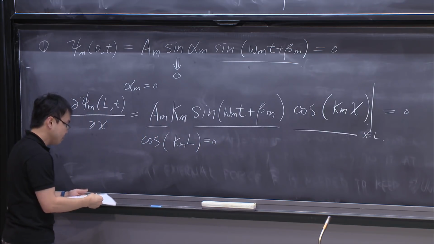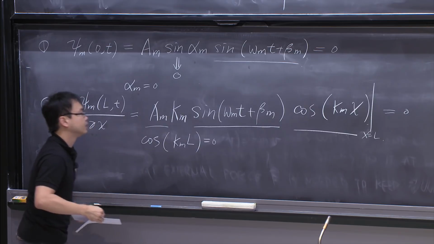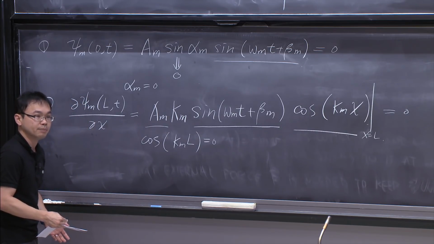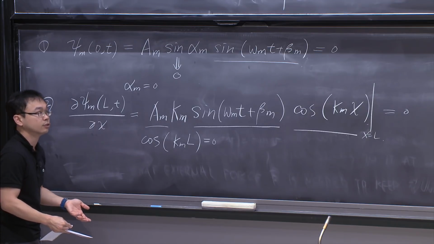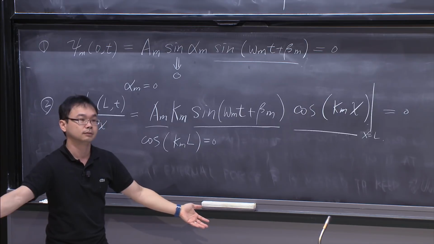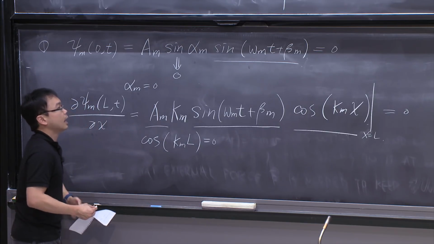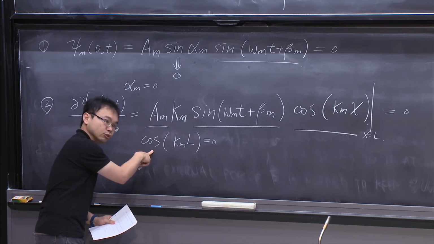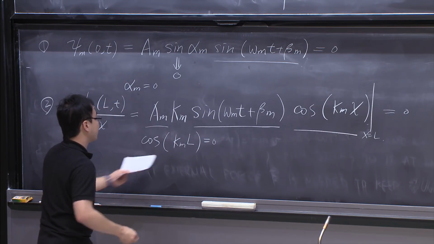Okay? So that means you cannot arbitrarily choose kn anymore, right? Before we introduced boundary conditions, we were saying kn is some arbitrary constant, right? And now it's not arbitrary anymore. It has to satisfy this condition. Okay? What does that mean?